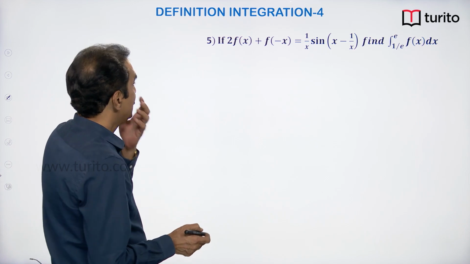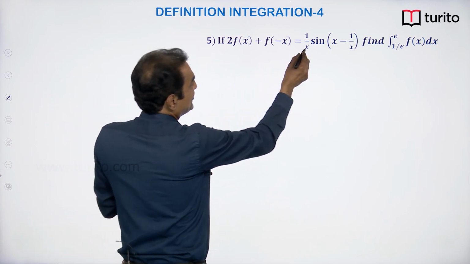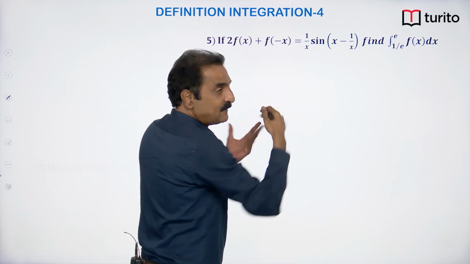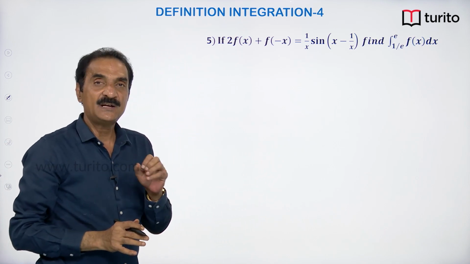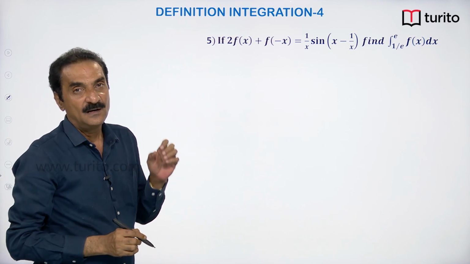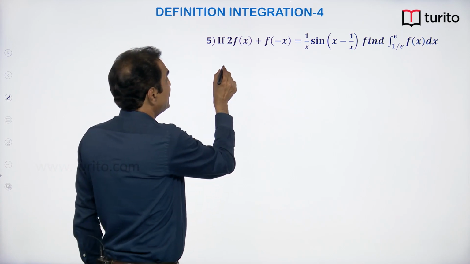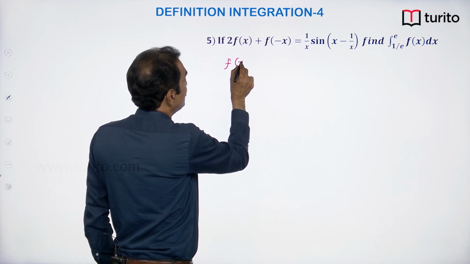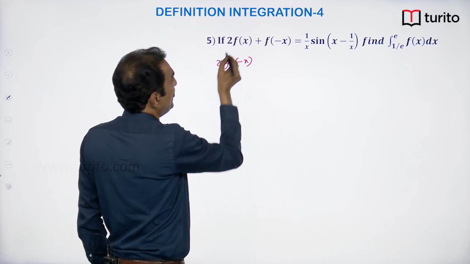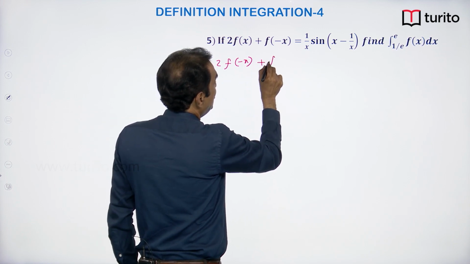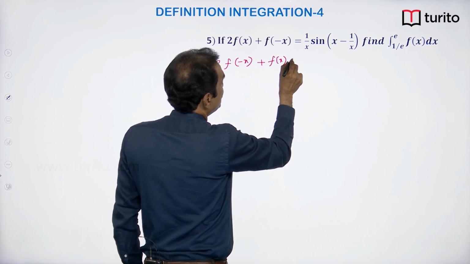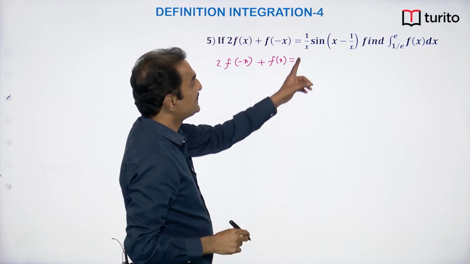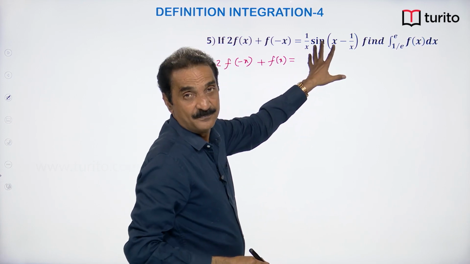How? You replace x by minus x. This is true for all values of x. So I can replace x by anything. If I replace x by minus x, this becomes 2f of minus x plus f of x is equal to, if you replace x by minus x, it remains same.